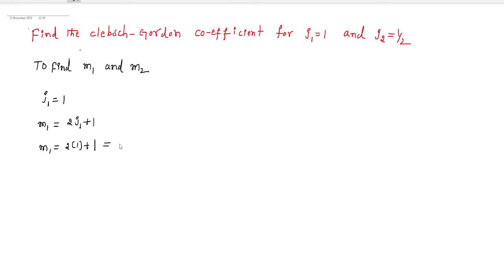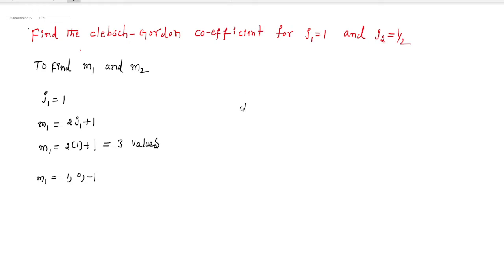So m1 has 3 values, the possible values 1, 0, minus 1. These are the 3 values.